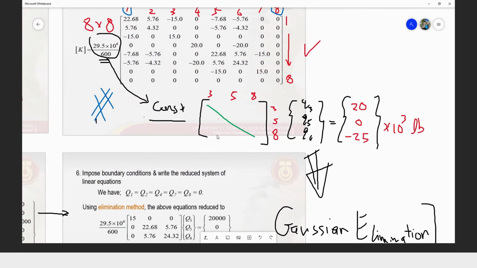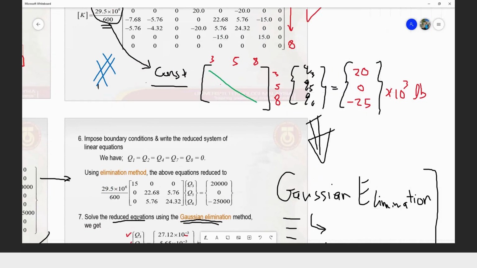Instead of kamu tulis full macam yang slide dekat bawah ni, 3 by 3, actually you can write half of it. Just tulis all the values on this part ni. Yang dekat bawah ni, boleh tulis dia symmetry.